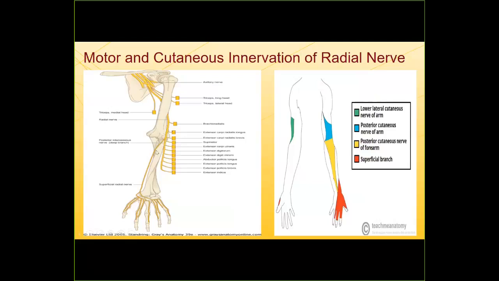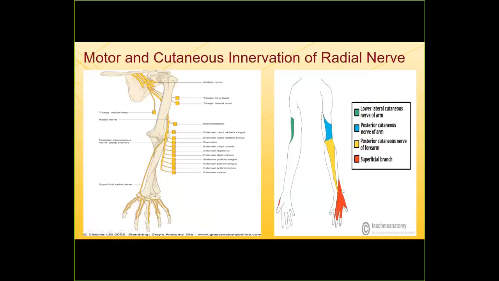And that sensory branch comes off and gives us sensory information to the radial side of our hand. Okay, and that's what it looks like right here. This is where the superficial branch of the radial nerve gives us sensory information from.